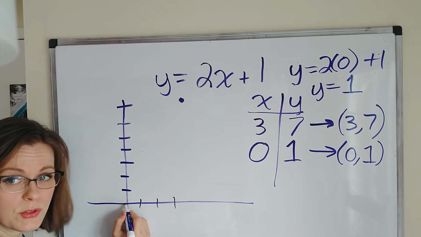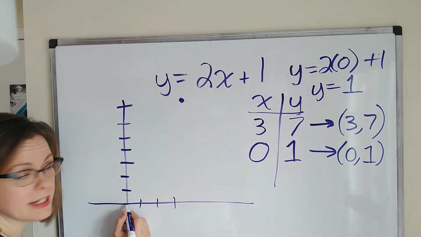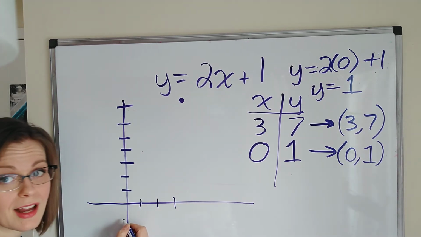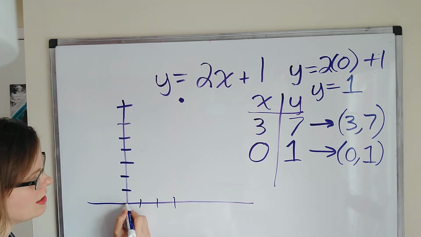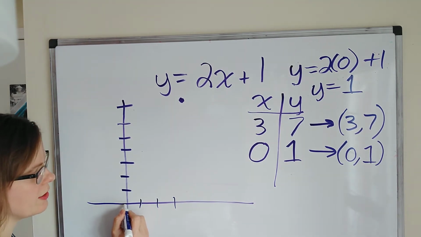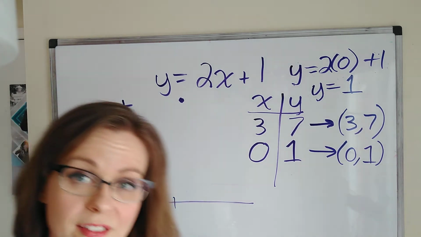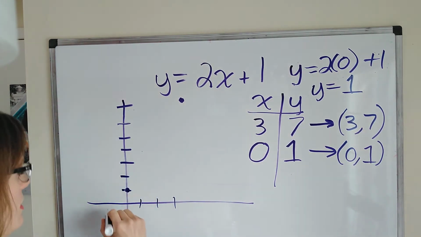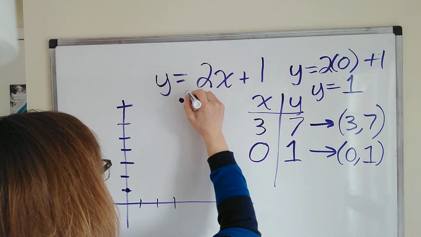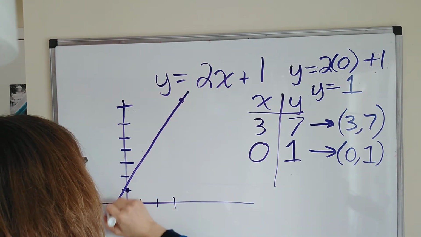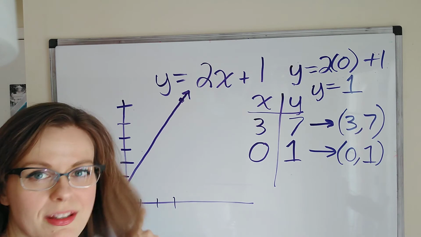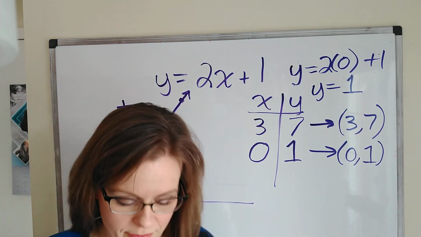So x equal to 0 is right here, everywhere on the y-axis in fact. So I have 0 here and I walk up 1 to give me that value. Now let's put a line through those 2 points. And I see that my graph is going to look like that.